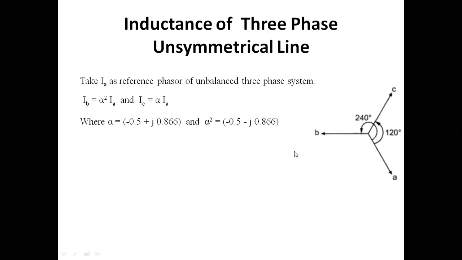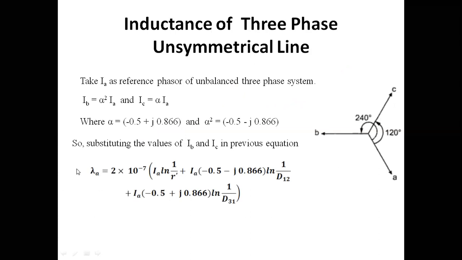So now we are applying these two expressions for IB and IC. What will be the equation now? Flux linkage lambda A can now be written as 2 into 10 to the power minus 7 IA ln 1 by r dash, plus alpha square into IA, and alpha square can be written as minus 0.5 minus j 0.866.